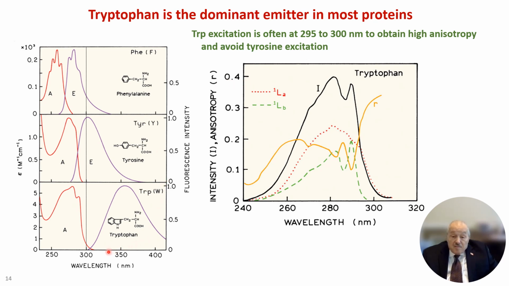So that's why it's safe to use the 300 nanometer excitation to excite the 1LL state only of the tryptophan. And that's the state that gives you the higher anisotropy. And since whenever you're doing an anisotropy measurement, you like to start with as high a value as possible, you use the longer wavelength excitation.